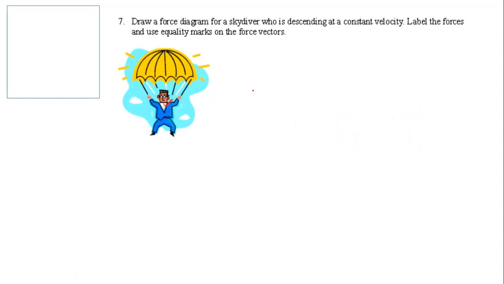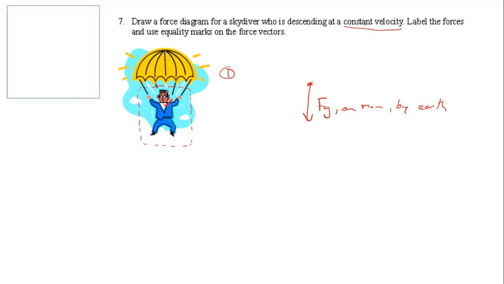A skydiver who's descending at a constant velocity, label all forces and use equality marks on the force vector. Okay, so I'm going to do this two ways. The first way, I'm going to choose the system to be just the man. So he's descending at a constant velocity, his parachute's out. Of course, he's got gravity on man by Earth.